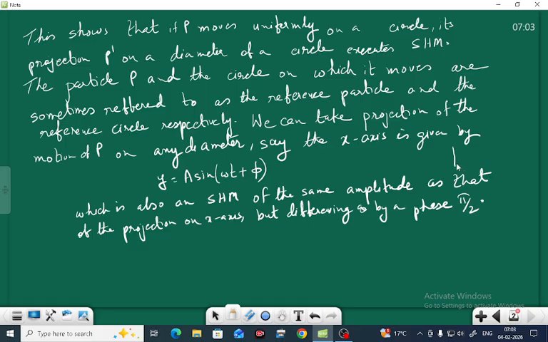So x is in this direction but y is in this direction, so there is a phase difference of 90 degrees here. You see here, this is a phase of 90 degrees or pi by 2.